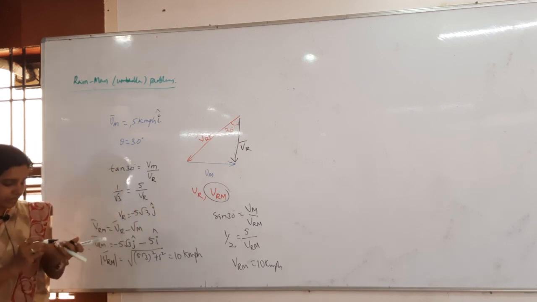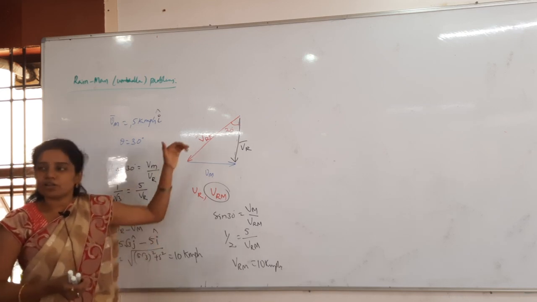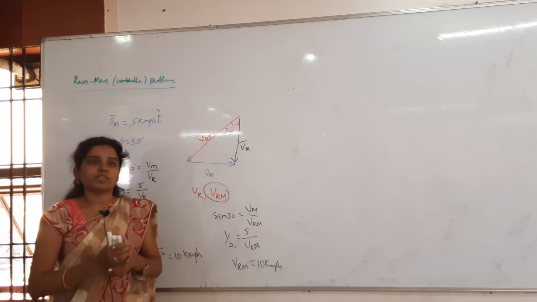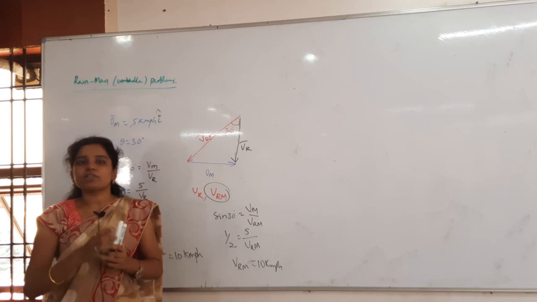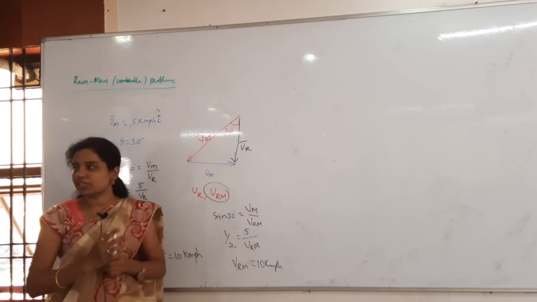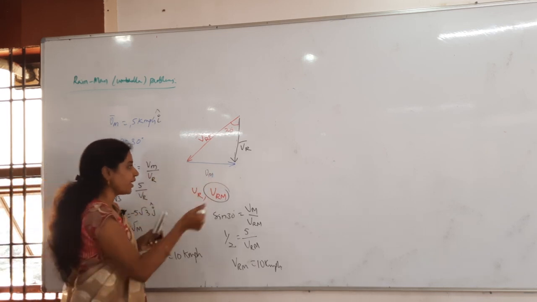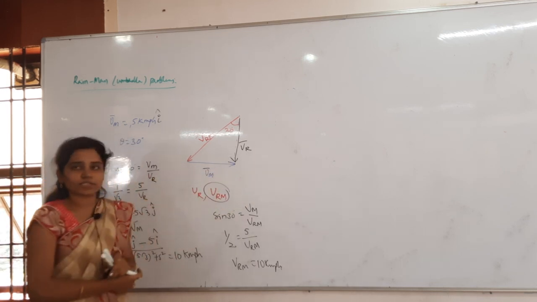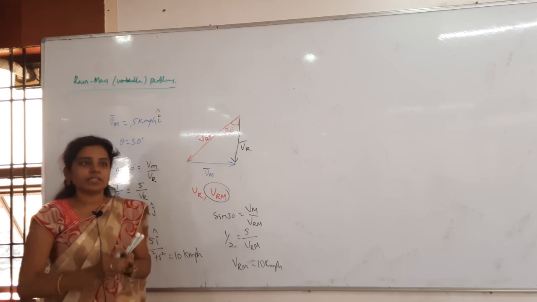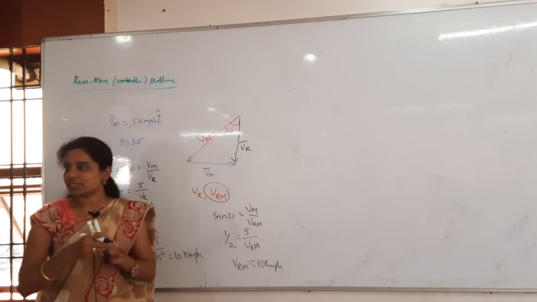So clearly just remember that whenever the rain is falling, rain will always fall vertically downwards. The person is moving always in the horizontal direction. They will mention either east or west, like that. So the person is moving with the velocity of man along the horizontal direction. They will mention words like feels or appears.